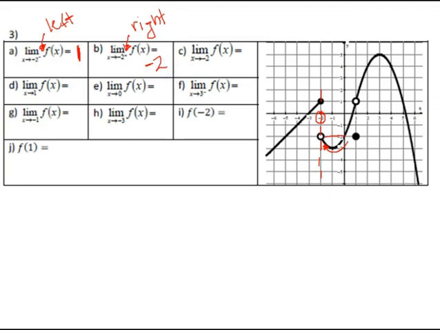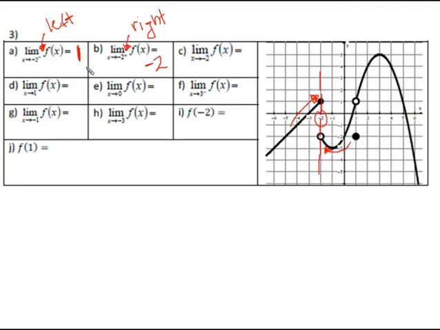Now this is where the overall definition of a limit comes into play, because our part C over here is just asking for the overall limit. What is the limit as x approaches -2? Well, notice on the left-hand side limit we approached 1. Okay, so here's our -2. We approached 1 from the left. And over here, we approached -2 on the right.